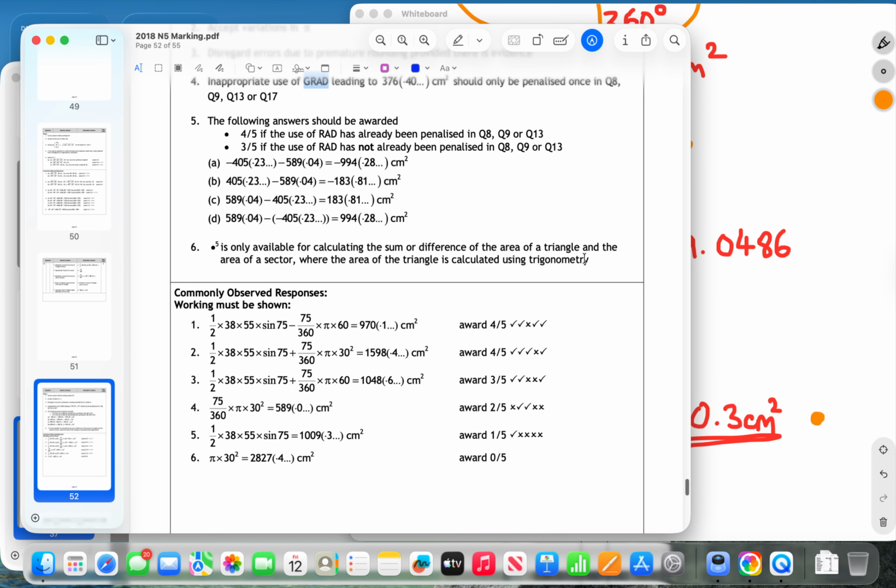And you have to use trigonometry. If you don't use trigonometry, you will lose at least 2 marks. If you use any other method, not that there is any other method, but if you used length times the breadth times 1/2, then that's wrong and you'll lose multiple marks.